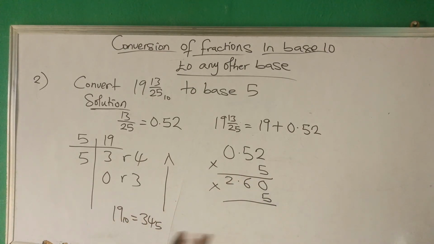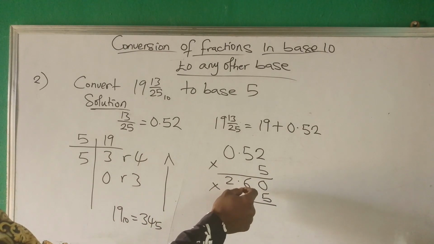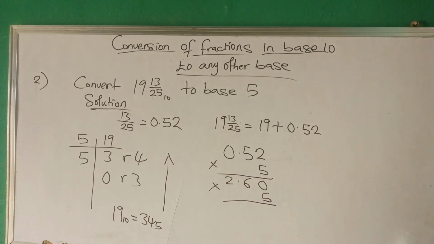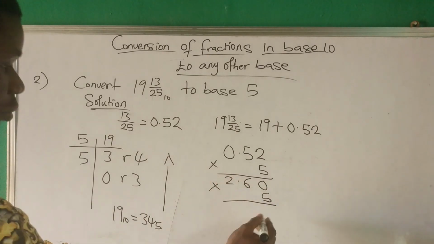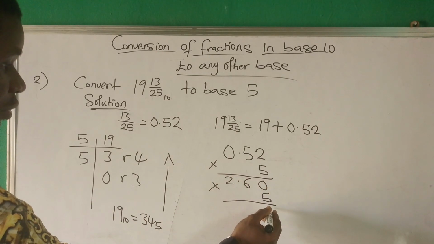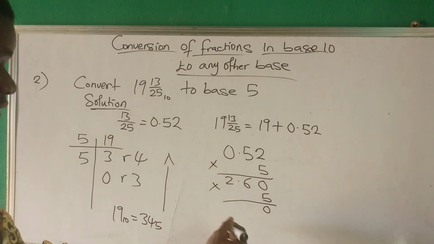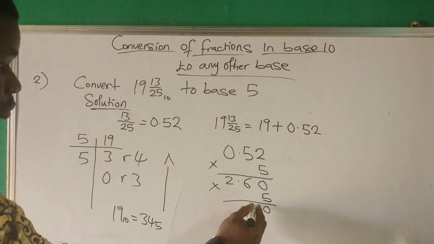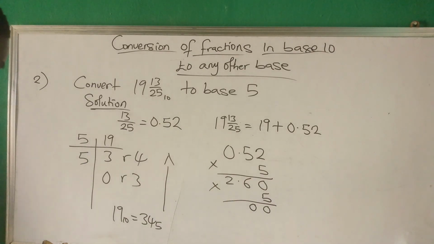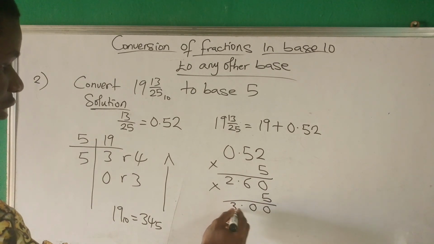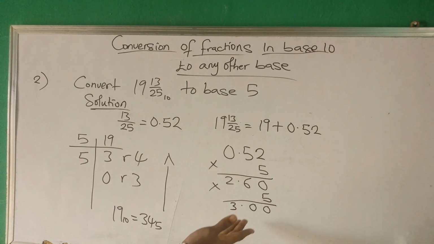So in actual sense, we are multiplying 0.60 by 5. If we do that multiplication, we have 5 times 0, 0. 5 times 6, 30. You write 0, pick 3. 5 times 0, 0. Then what you have here is 3. At this point, everything after the decimal point is 0. So we are done with the multiplication.